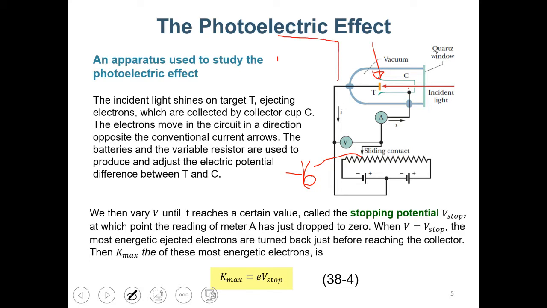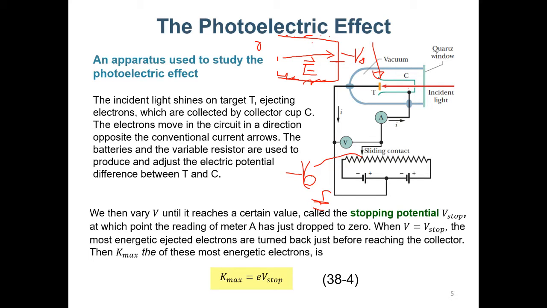Maybe you just ignore the top and the bottom plate. You can see that this one is minus V0, and this one is 0. As I mentioned, this one is 0, because this is just a relative voltage, so it doesn't really matter if it is 0 or something. But the voltage difference between T and the cup is V0, and there will be an electric field pointing to the right here.